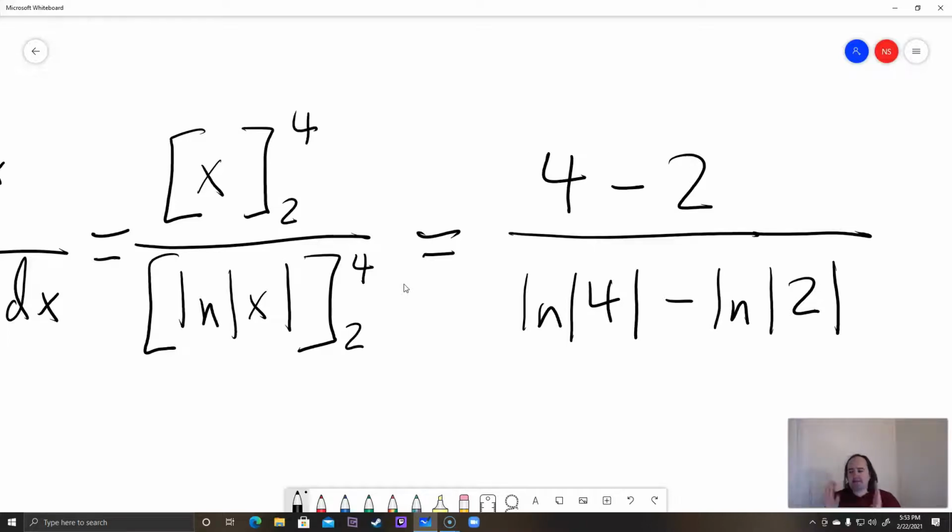Okay, and remember absolute value basically just makes a number positive, but if it's already positive, you don't need to write the absolute value. Okay, so since 4 and 2 are already positive numbers, we don't need the absolute value here. So I'm just going to get rid of it.